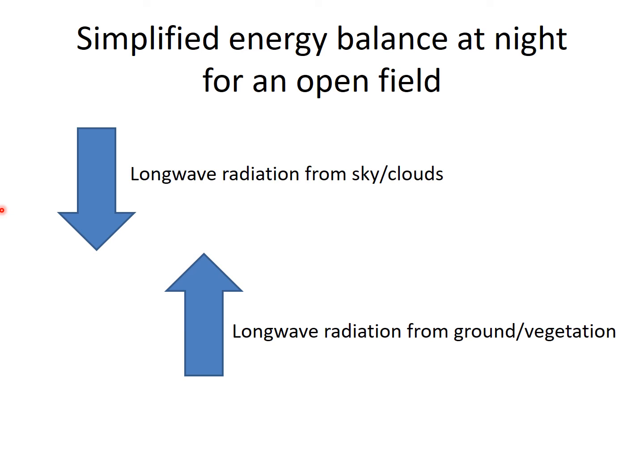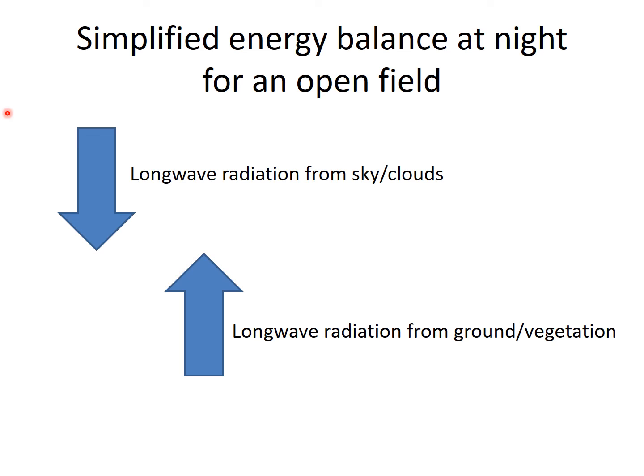So let's take a look at an example that I observed earlier this winter in a yard down the street from me. For this example, we're going to look at a simplified situation. This is at night, so there's no shortwave radiation, no reflection of radiation, and we're going to look at an open field.